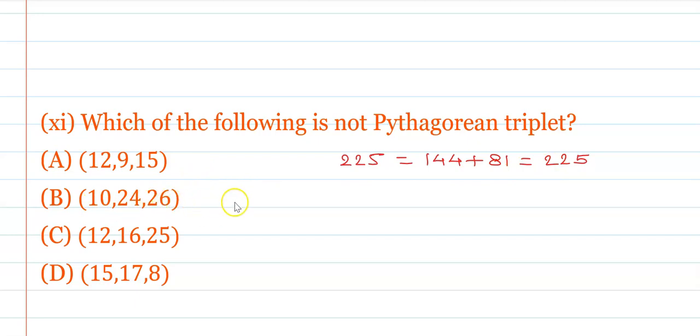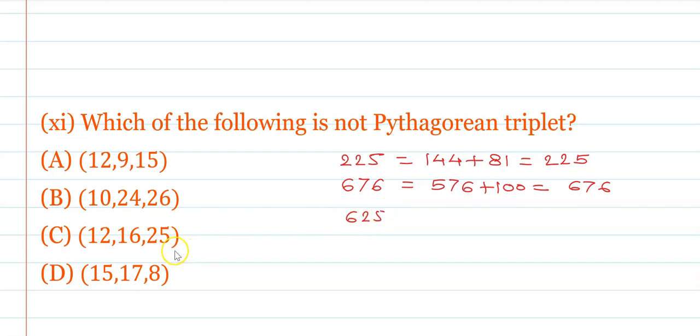Means what? 26 square, then you will get 676. 24 square, 576. 10 square means what? 100, and that is equal to 676. This is also a Pythagorean triplet. What about the next? 25 square means what? 625.